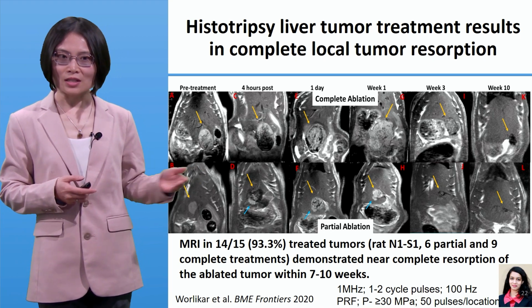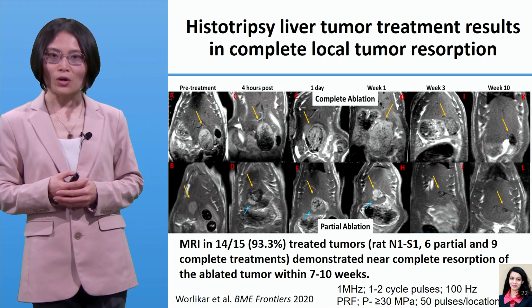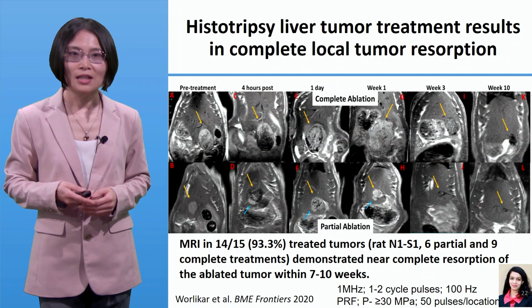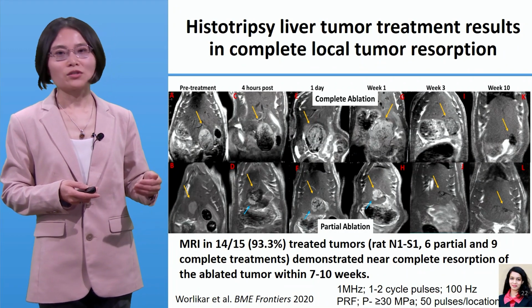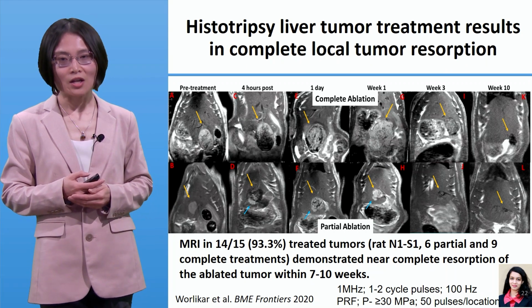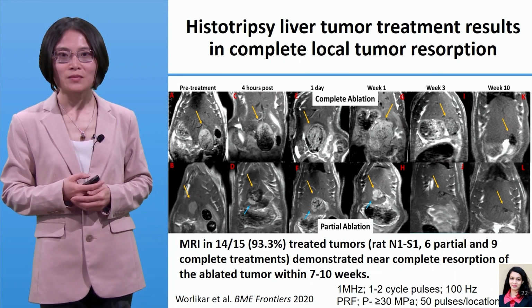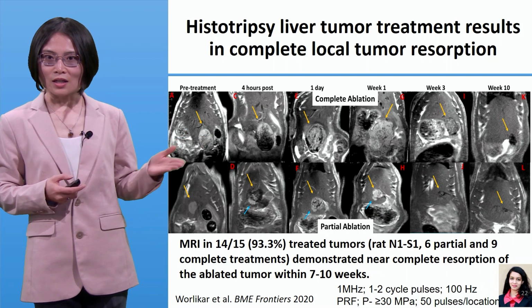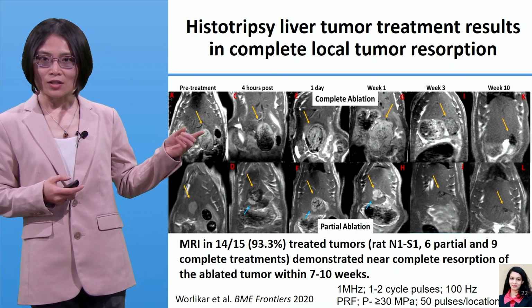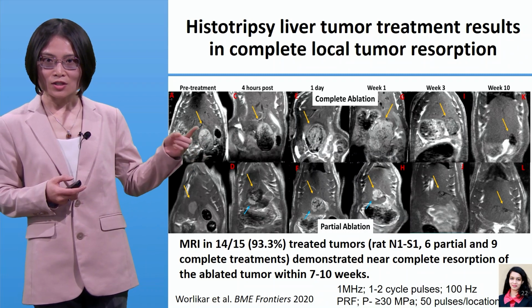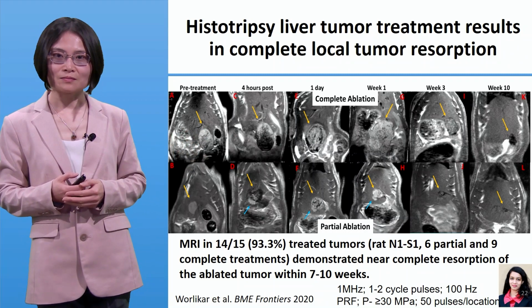This shows a study done by Tejaswi Walekar in my group, and she studied liver cancer in this orthotopic, immunocompetent rat liver tumor model. As you can see in the MRI images here, there's tumor shown in the rat liver.